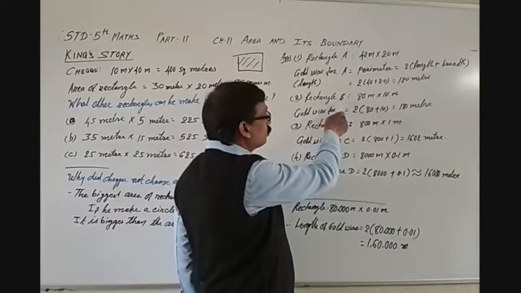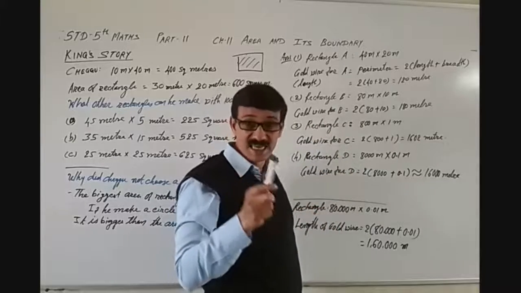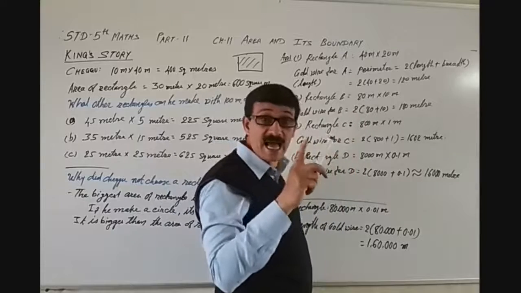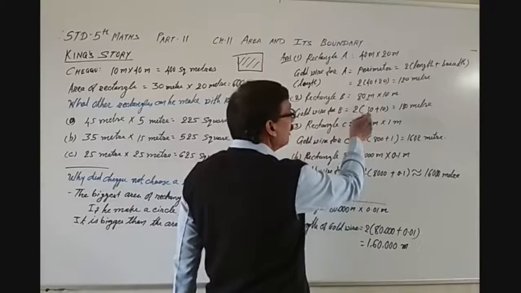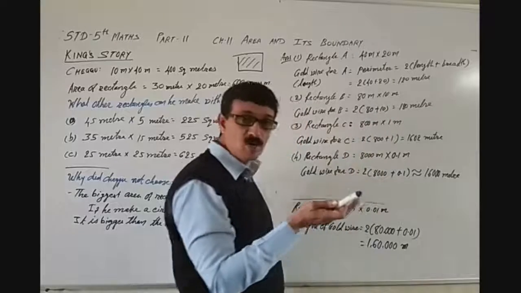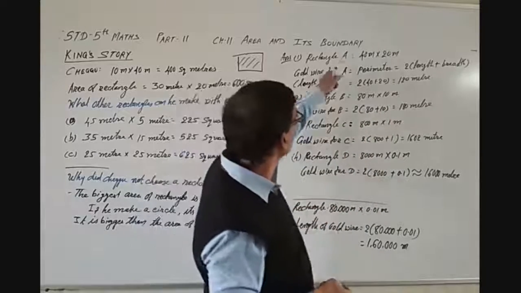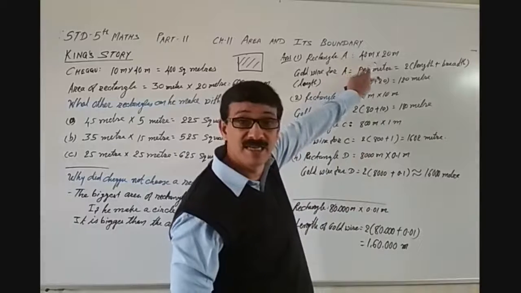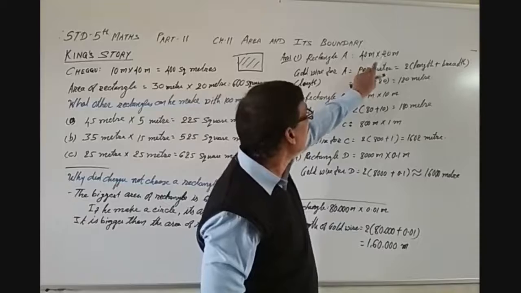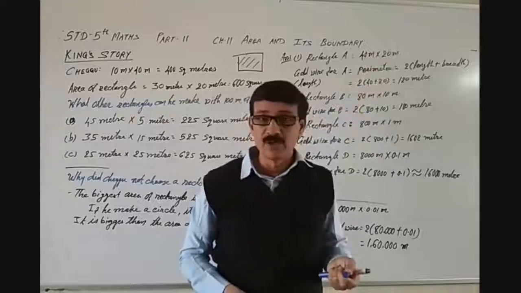You can see in B also, the area for rectangle B will be, I am talking about area, area means length multiplied by breadth. 80 multiplied by 10 will be 800 only. And the other rectangle also has 800 square meters area only. Why? Because 40 multiplied by 20, 4 twos are 800 square meters.